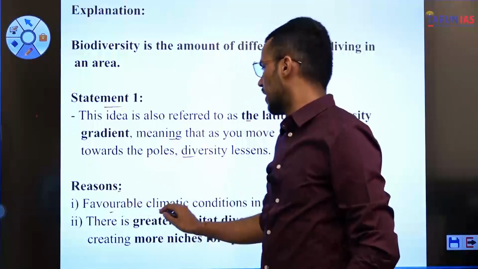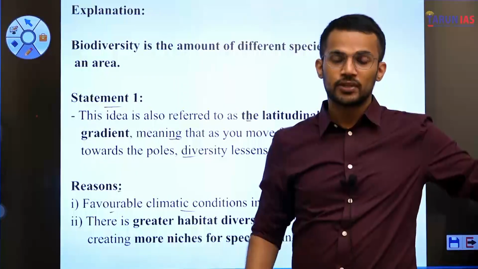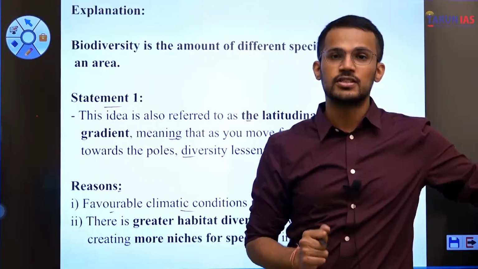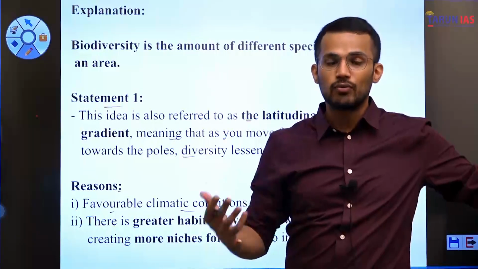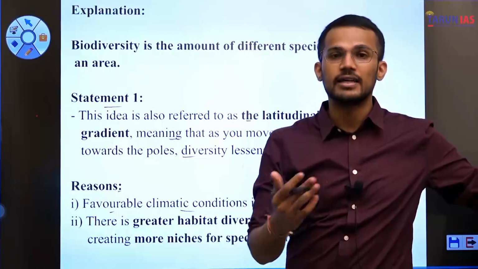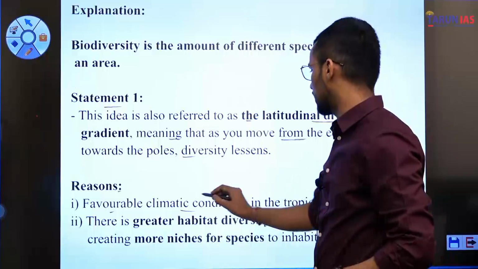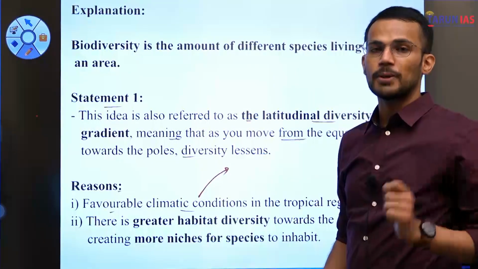The reasons are: first, favorable climatic conditions in the tropical region. In the tropical region, we have favorable climatic conditions, and hence the growth and the diversity will be high. And what are those climatic conditions which provide a good habitat for life in the tropical region?